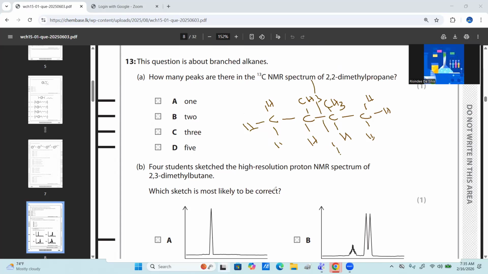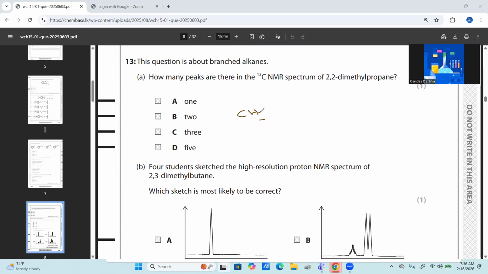The number of protons will be, we have 1, and all of these will be 1, and this will be 6 because of both methyl groups. So if I draw it correctly, then you can see CH3, CH3, CH3, CH3.